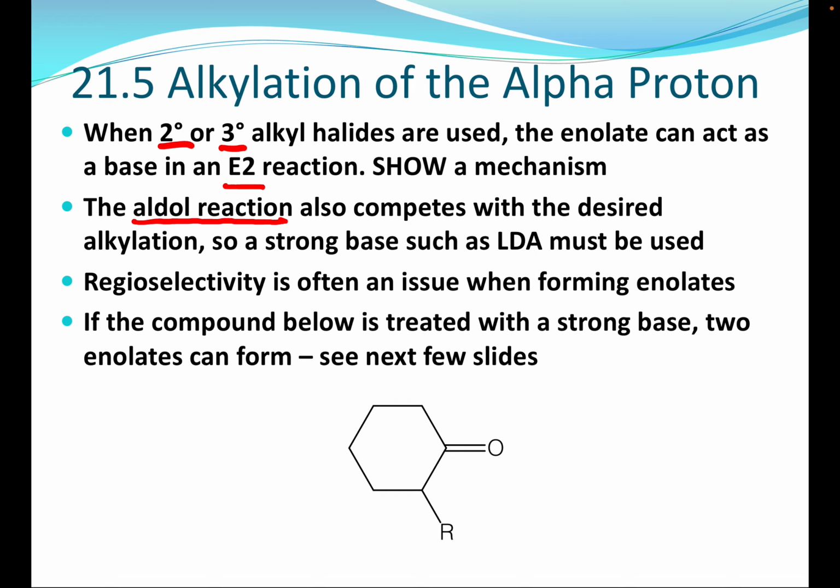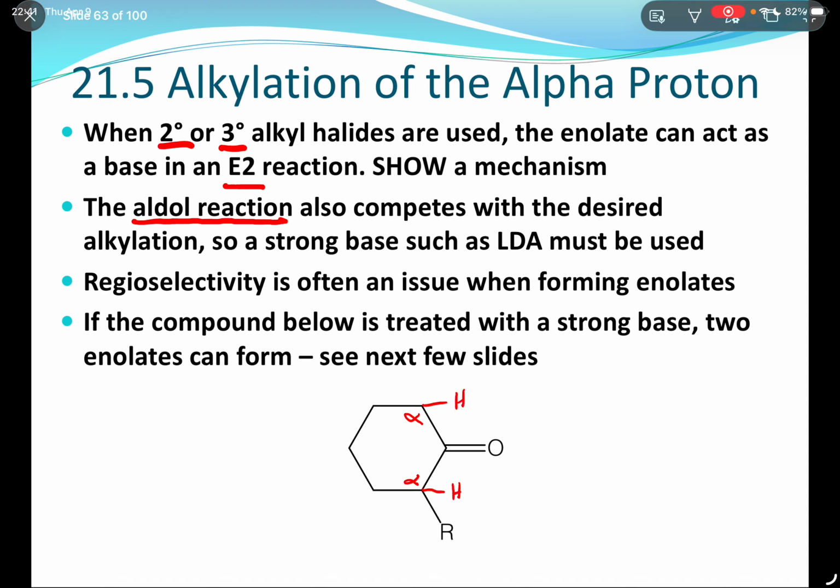Now, we were looking at a symmetrical ketone to begin with, so we didn't have to worry very much about regioselectivity. But when we're using asymmetric ketones, like the one at the bottom of this slide, we can have different regio products, so different regioisomers. Remember, regioisomer is just a fancy word for constitutional isomer. So this ketone also has two alpha positions, but the two alpha positions are not the same.